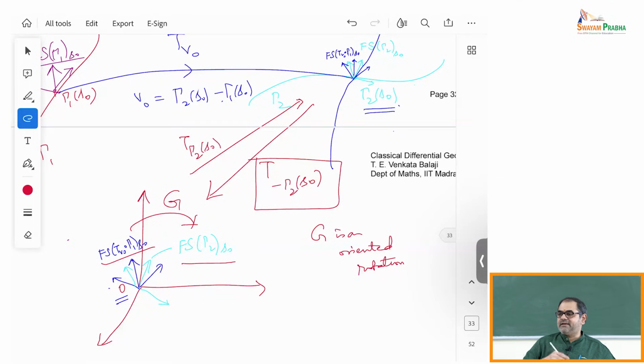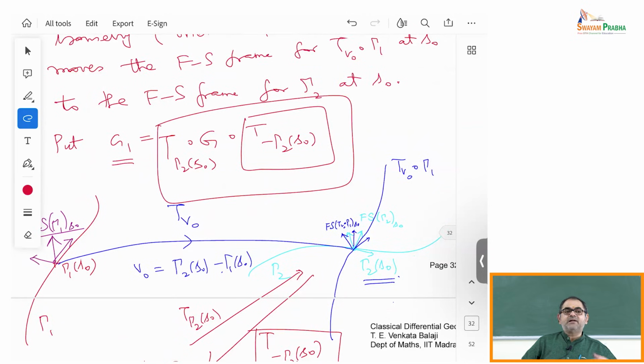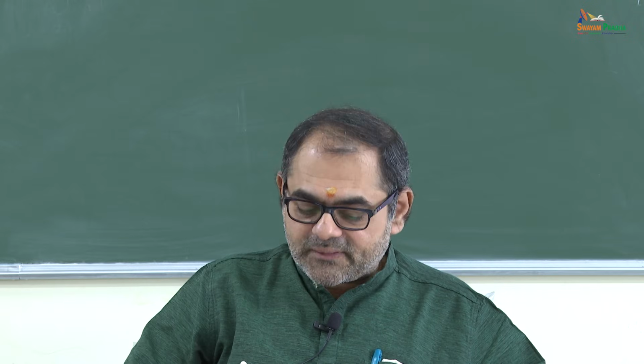This is the transformation that will do this job, which will move the Frenet-Serret frame based at that point to another orthonormal frame at that point. Okay, so this is my map, and the point is that there is a translation component here on both sides.